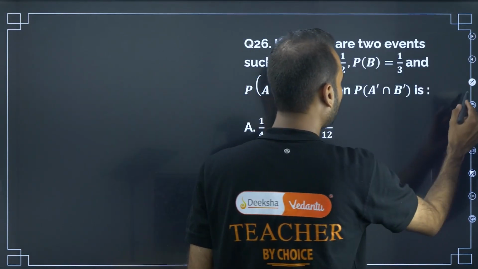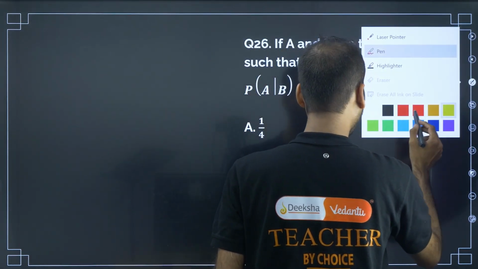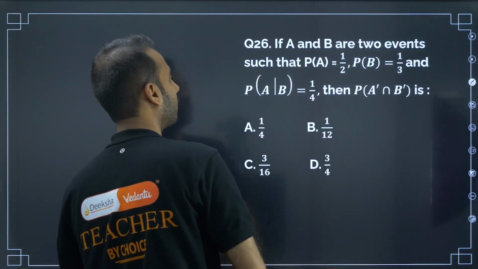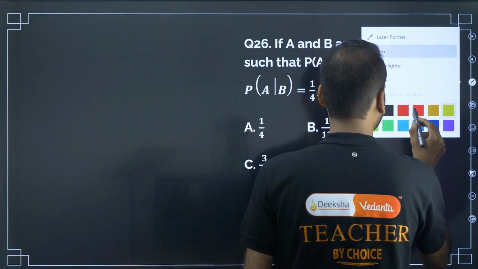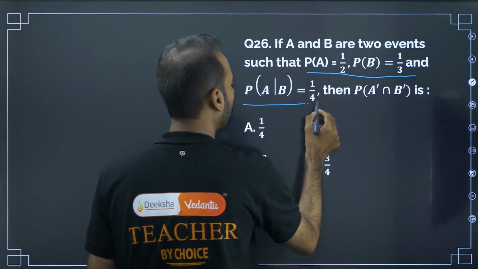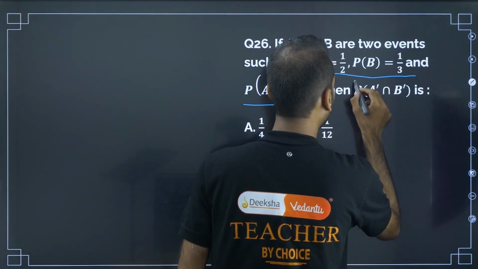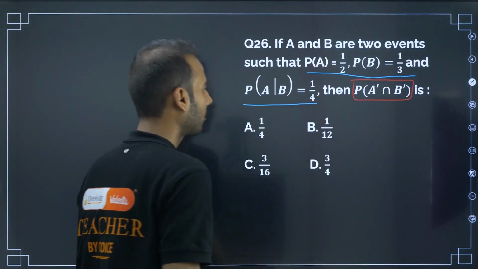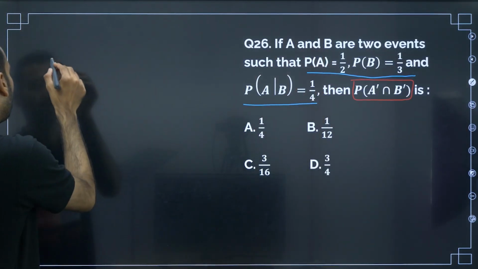A and B are 2 events such that P of A is equal to this much. Then what are they asking? Focus on this. So how to solve this?